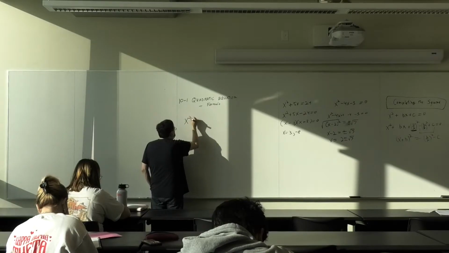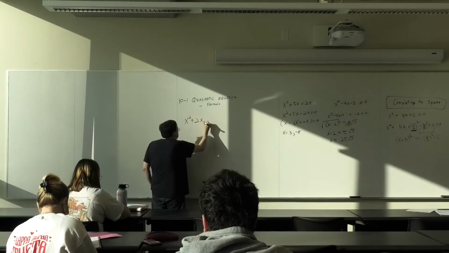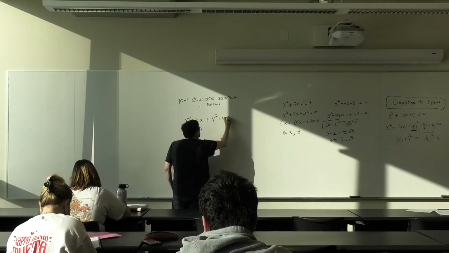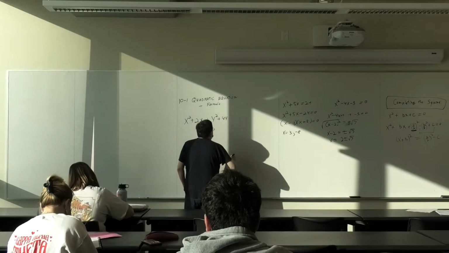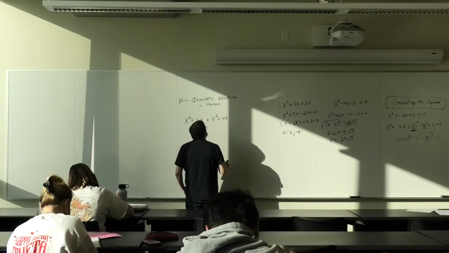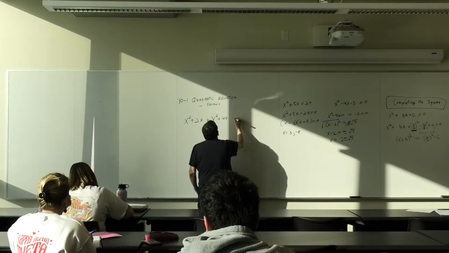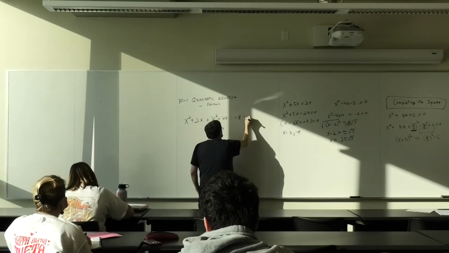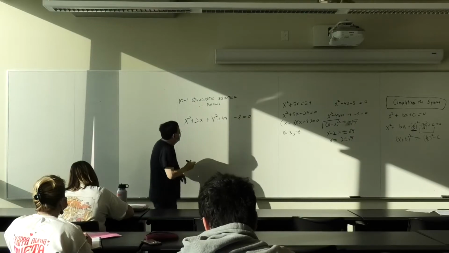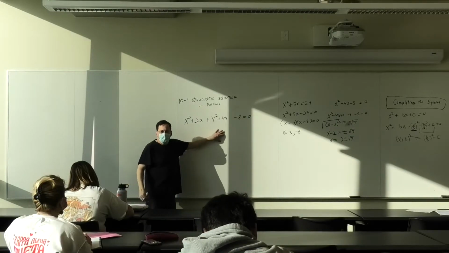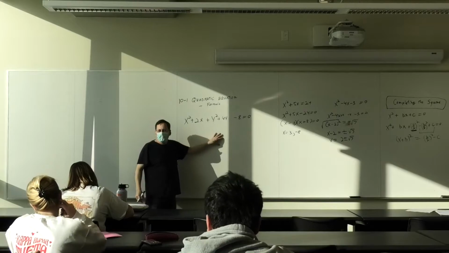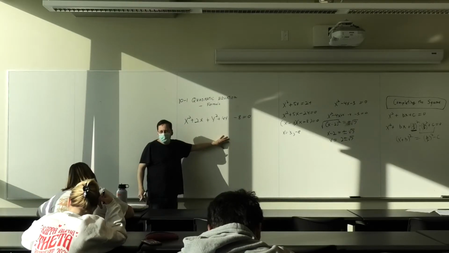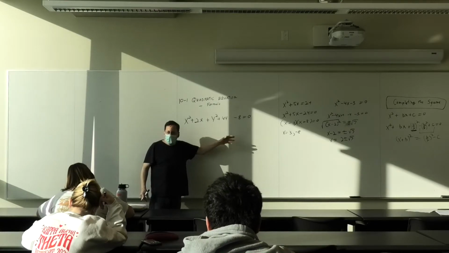It looked like this, it's x squared plus 2x plus y squared plus 4y minus 8 equals 0. I say, well, what's this the equation of? And it wouldn't be obvious, but we would apply this technique.